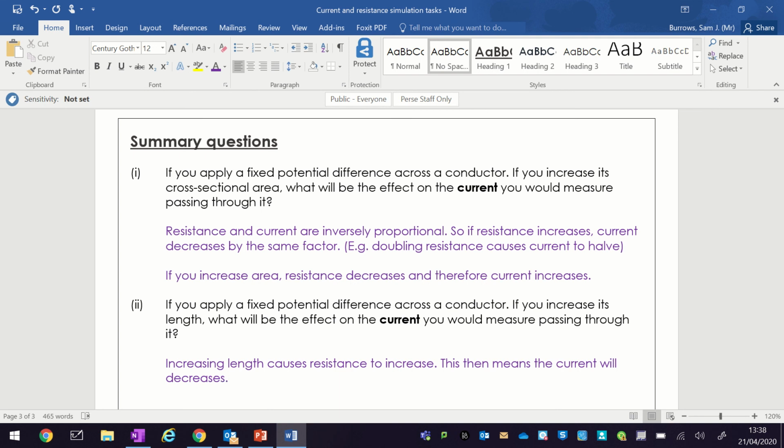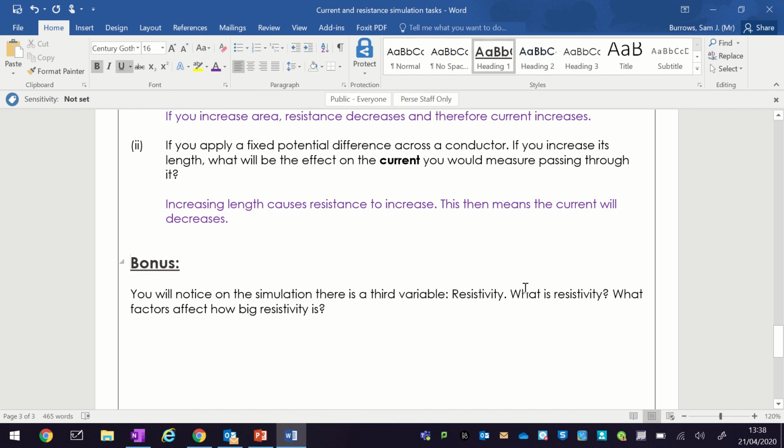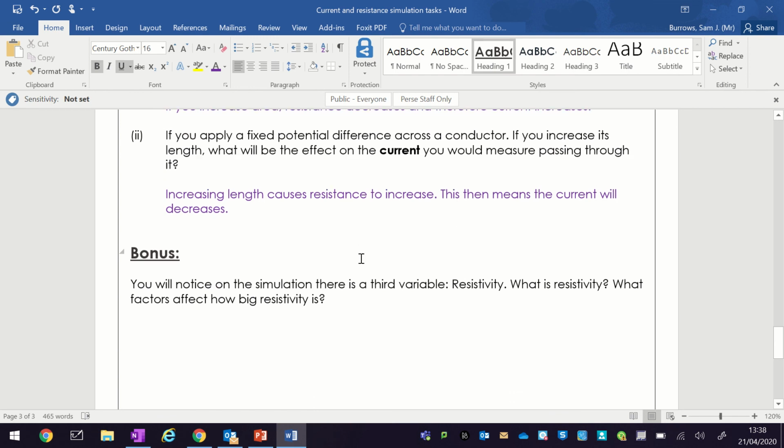The reasoning for this is the longer the conductor is, the more collisions your charged particles are having as they pass through. So they end up moving slower, which means we can get fewer charged particles through that conductor every second. And there is this final section looking at resistivity, but I'll leave you to explore that one on your own if you so choose.